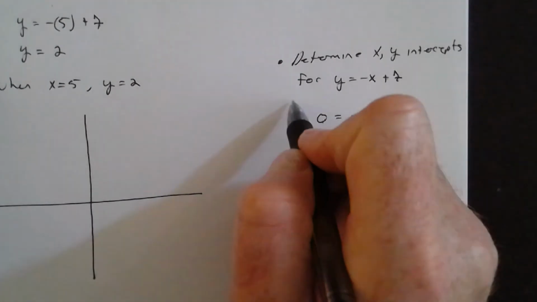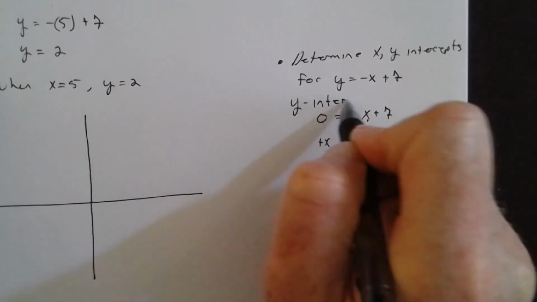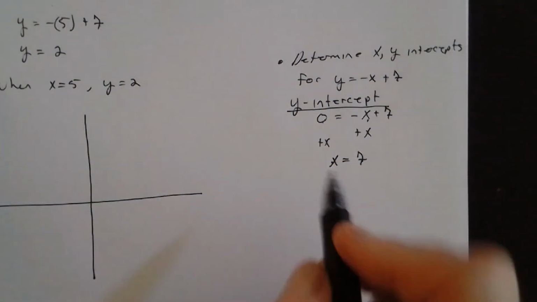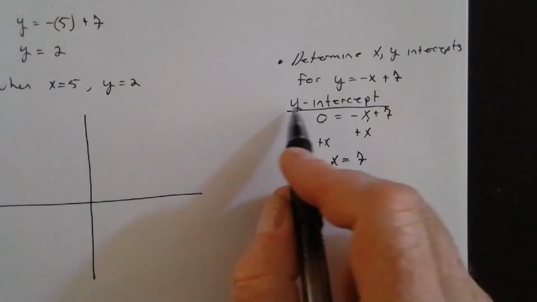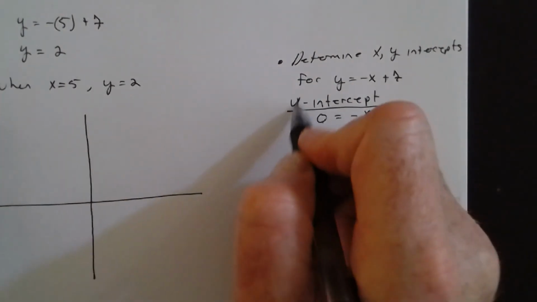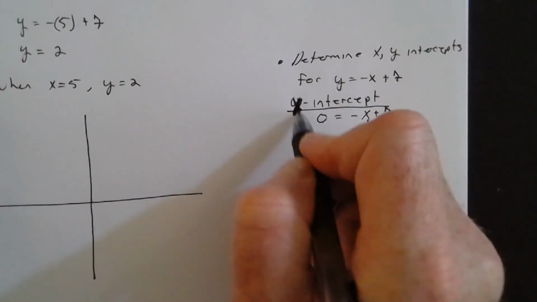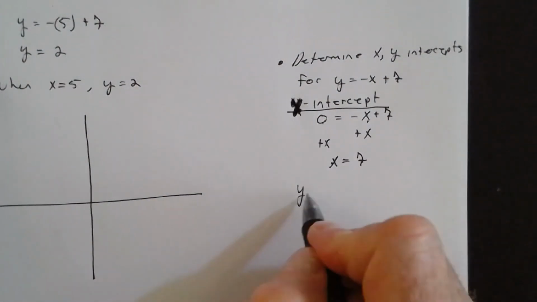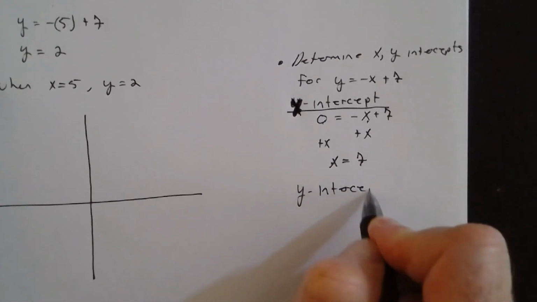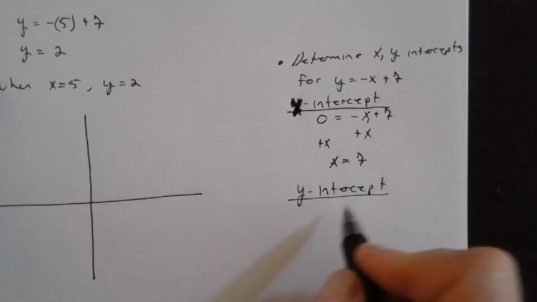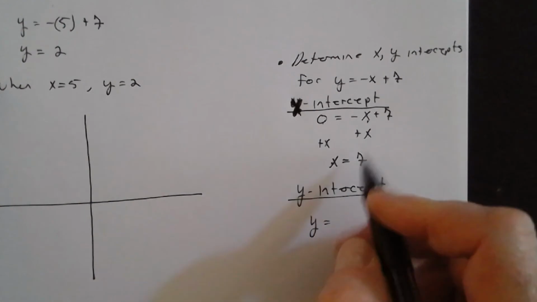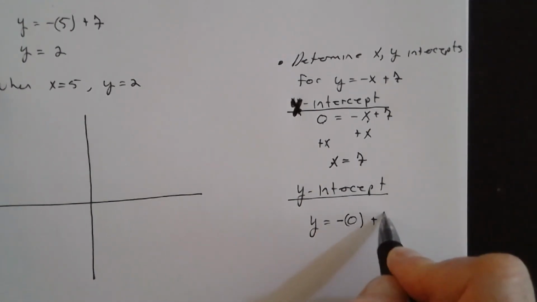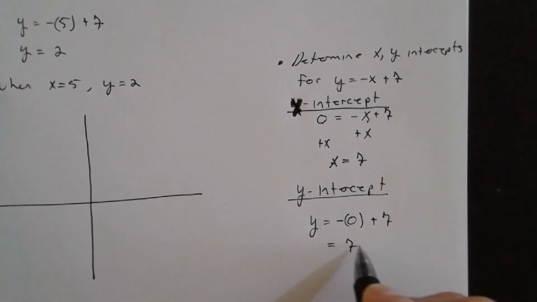That's our x-intercept. And now we need to determine our y-intercept, and that's going to be when x is 0, and so y is equal to negative 0 plus 7, of course, is just 7.